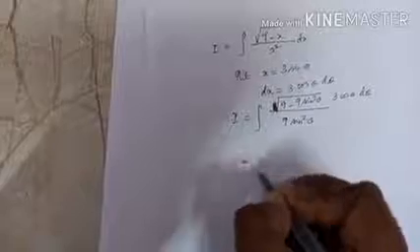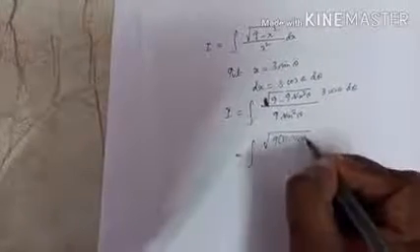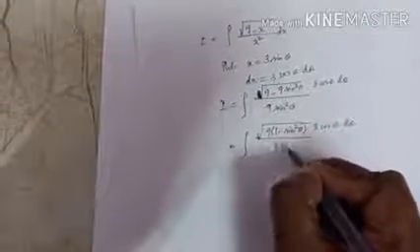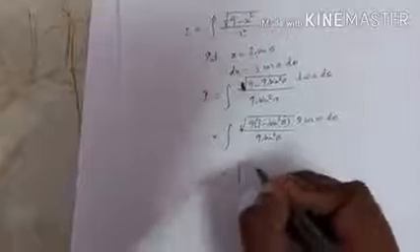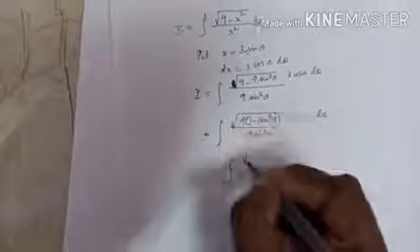So you can take 9 common, so that 1 minus sin square theta, into 3 cos theta d theta by 9 sin square theta. I told you, right? If you use this substitution, in the simplification you have to use the identity 1 minus sin square theta equal to cos square theta. So which is integral root of 9 cos square theta.